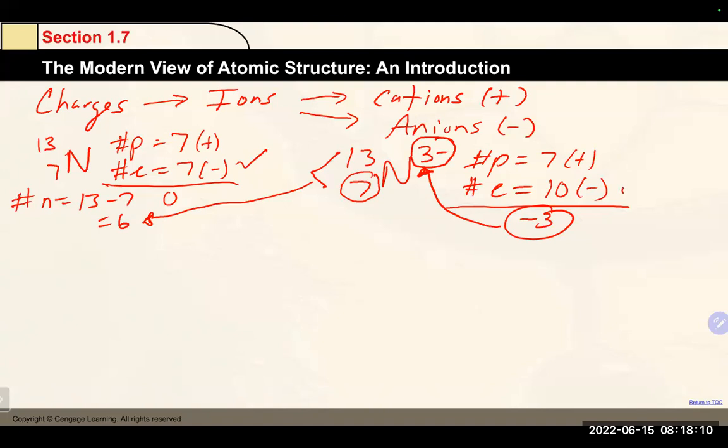Neutral guy had 7, negative guy there had 10, so it gained electrons. The 3 tells you how many electrons it gained from the normal neutral guy. 7 plus 3 is 10. And that is basically what an anion is. It is somebody that will gain electrons and become negatively charged because of that. Any questions on that there?